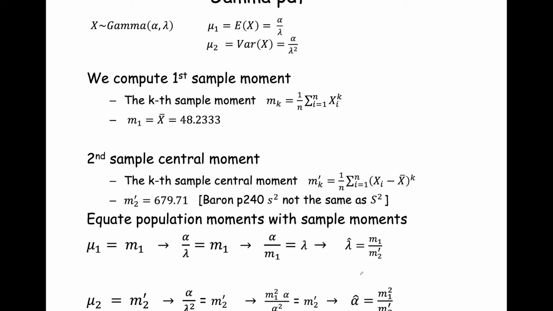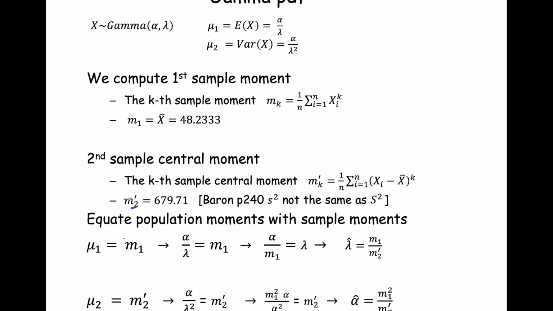And so here we have our two equations, and we set up these two equations by equating the first population moment with the first sample moment, and then we have another equation in our system of equations by equating the second central population moment with the second central sample moment. And we do that, we get two equations, and then we solve for the unknowns.